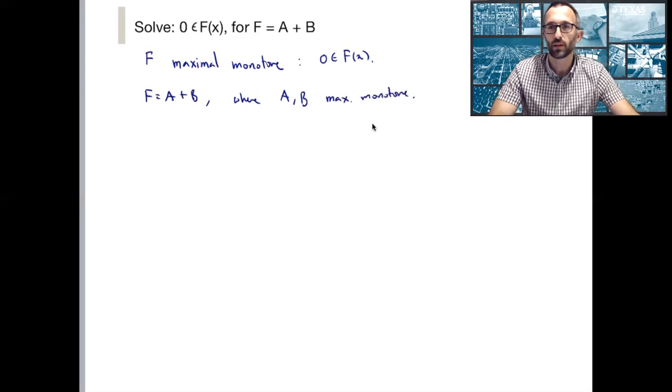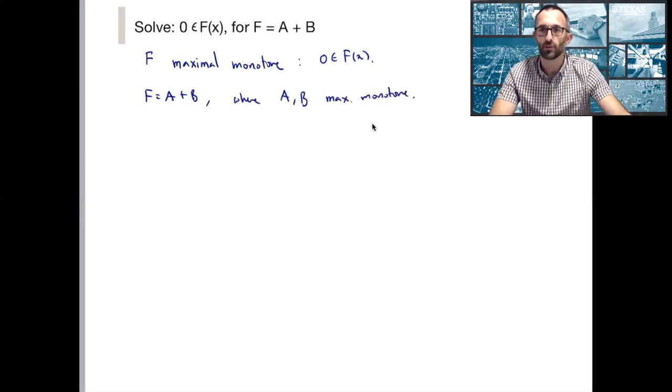Now recall the connection to our canonical example in all of this. The subdifferential of a convex function is monotone, and if that function is closed, then the subdifferential is a maximally monotone operator. So this is a very typical setting for us.